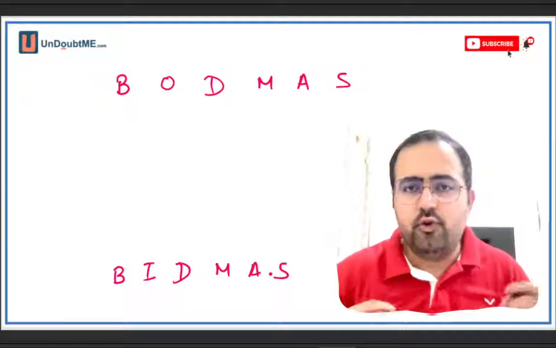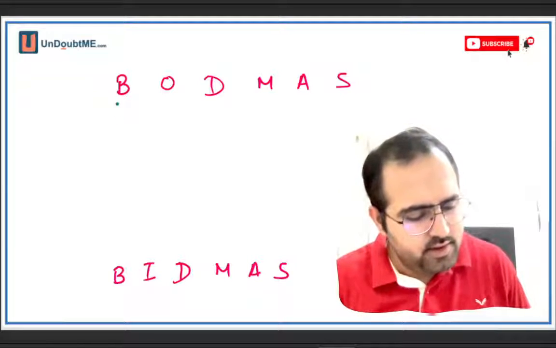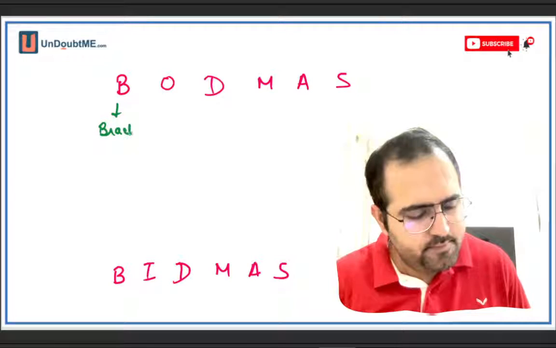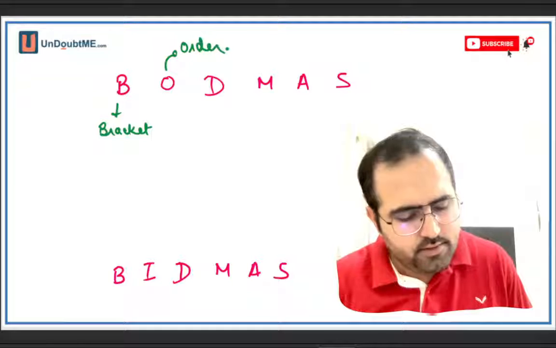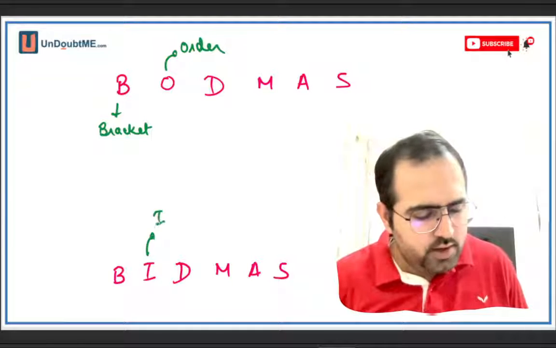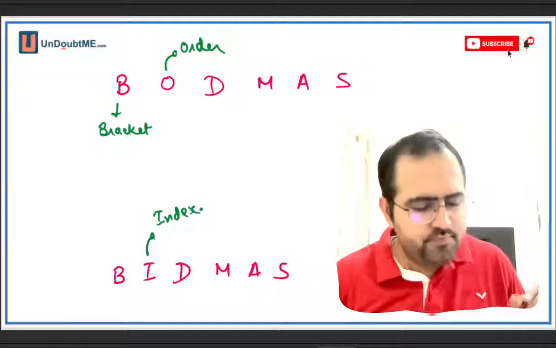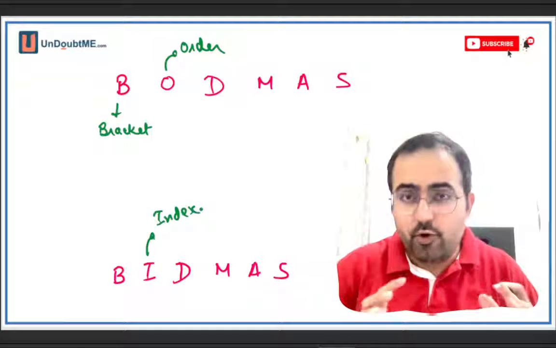The full form of Bodmas is: B is bracket, then O is order, and over here in BIDMAS it will be index, rest everything is the same for both of them.